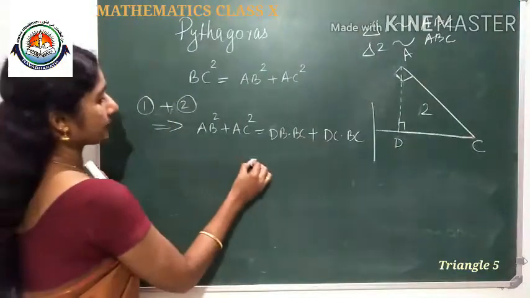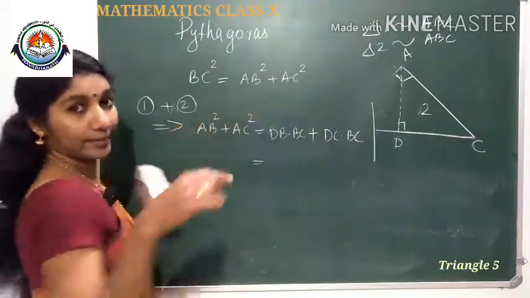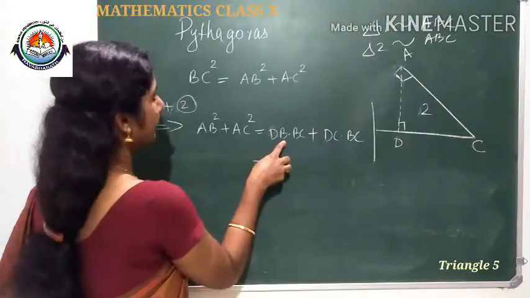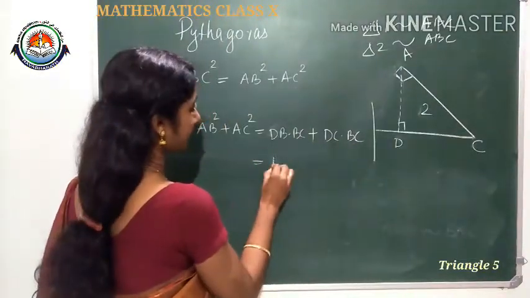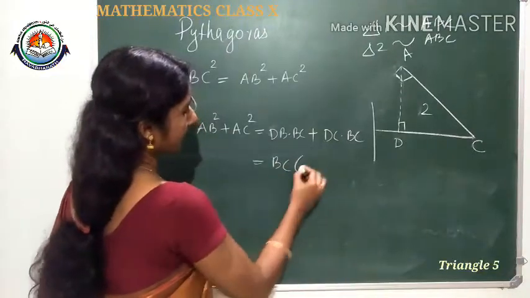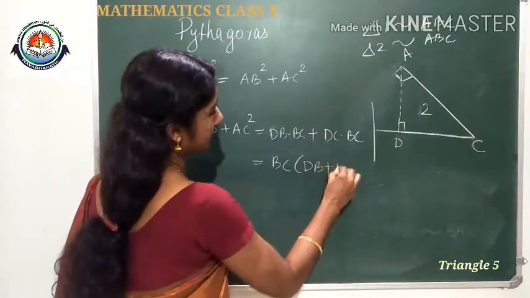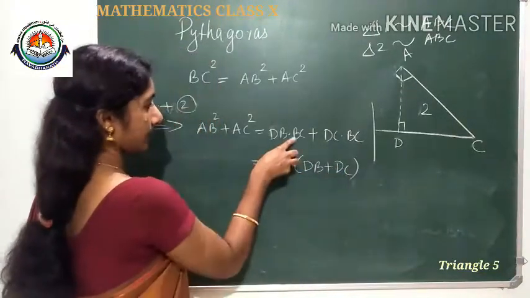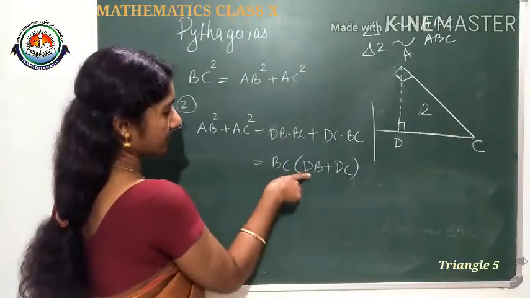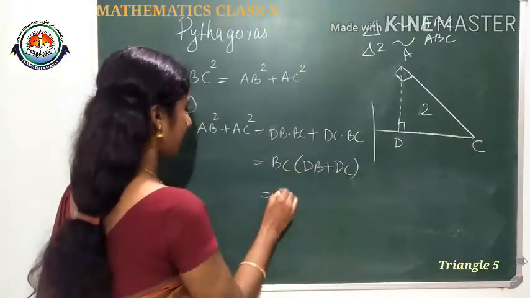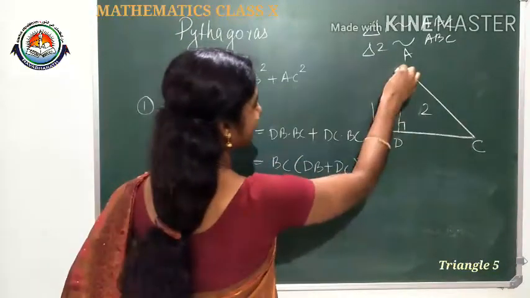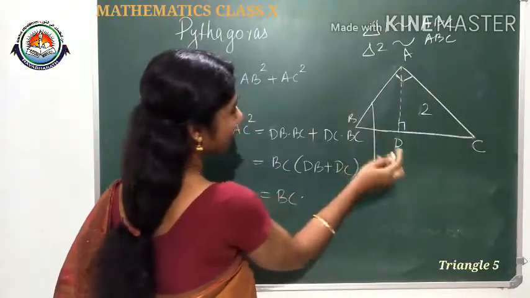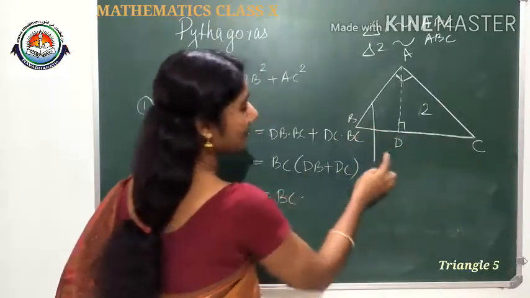And see here, one side is AB square plus AC square. Then this side we need to get as BC square. So BC is a common factor, we can take it outside: BC into DB plus DC. What is DB plus DC?